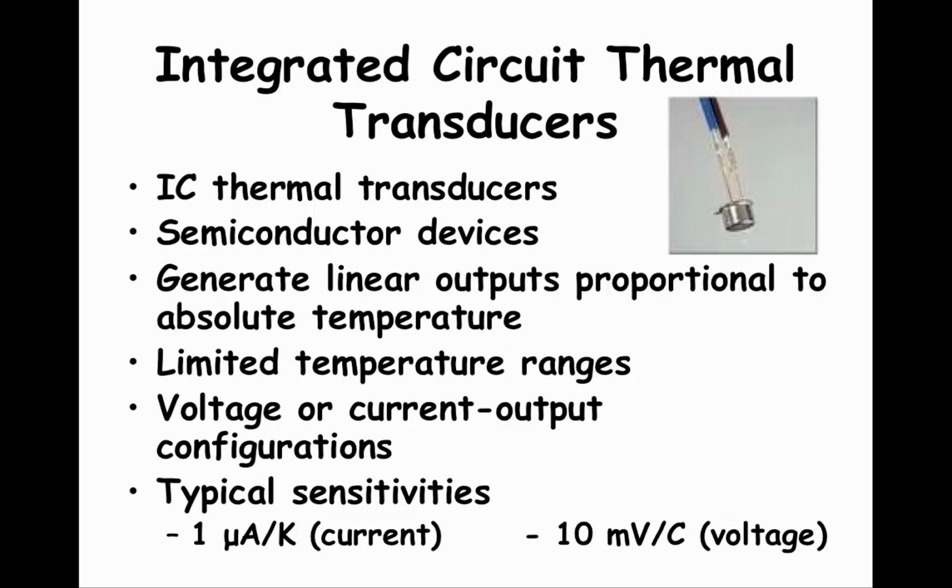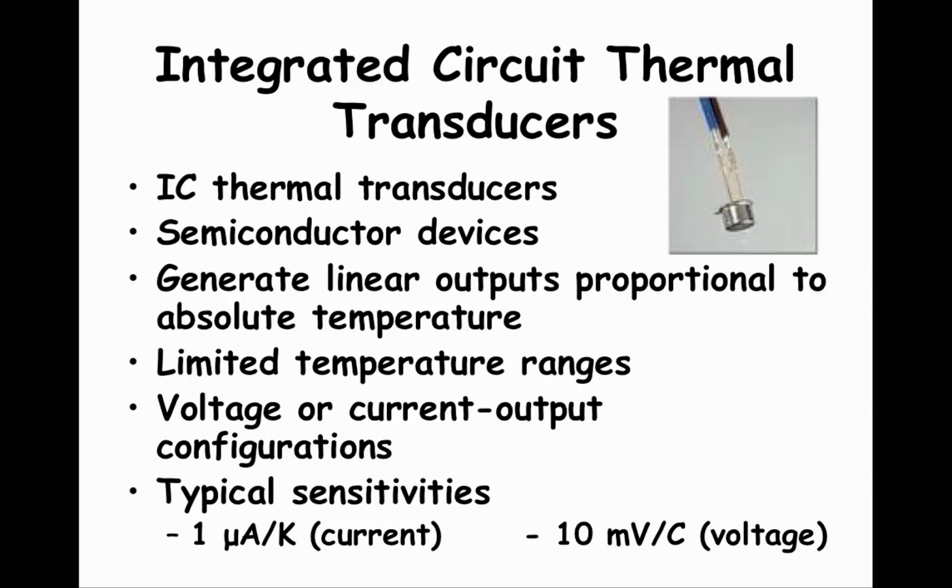The last two temperature sensing transducers that we talk about are both integrated circuit thermal transducers. One is the current-based integrated circuit and one is voltage-based. At the current time, integrated circuit thermal transducers have more limited temperature ranges than thermocouples, RTDs, and thermistors, from minus 55 degrees Celsius to 155 degrees Celsius.